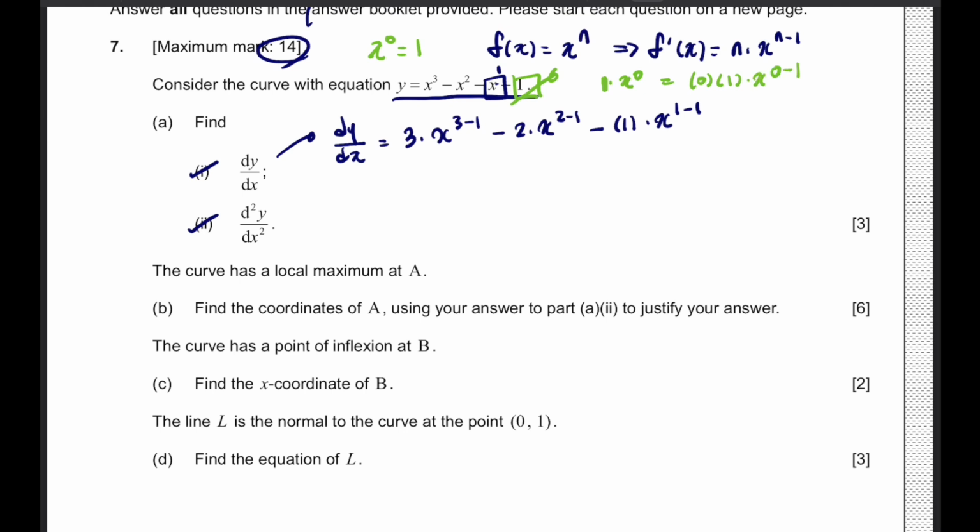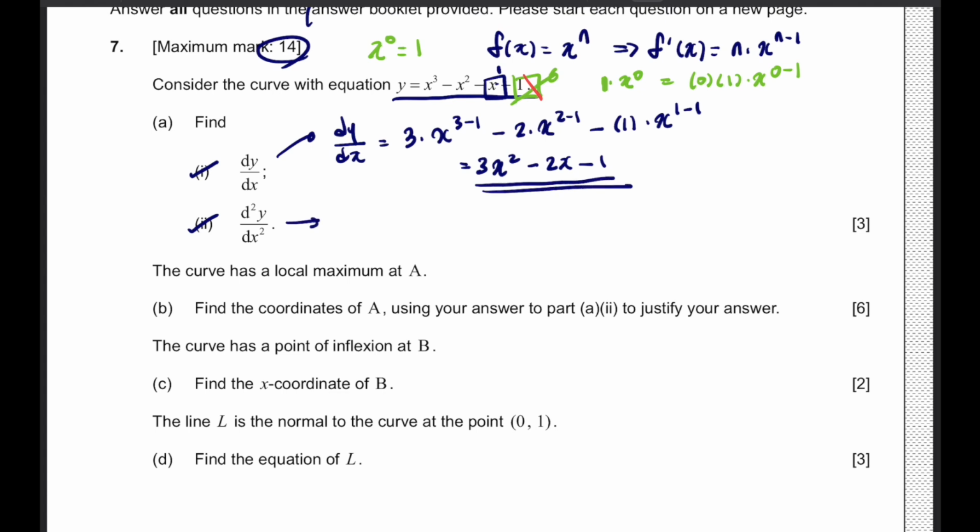Since we know this already, we can just cancel off the constant. Then we have 3x squared minus 2x minus 1 as the first derivative of the function y.